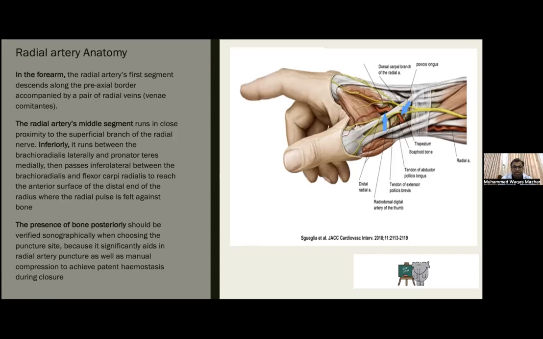Then it passes infralaterally between the brachioradialis and flexor carpi radialis to reach the anterior surface of the distal end of the radius, where the radial pulse is felt against the bone. The presence of bone posteriorly should be verified sonographically when choosing the puncture site because it significantly aids in the radial artery puncture as well as manual compression to achieve patent hemostasis during closure.